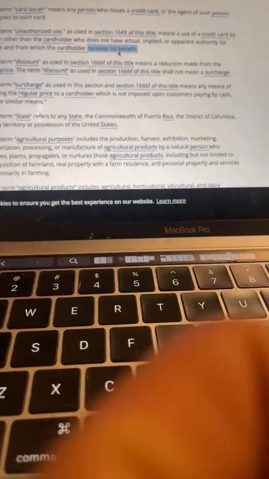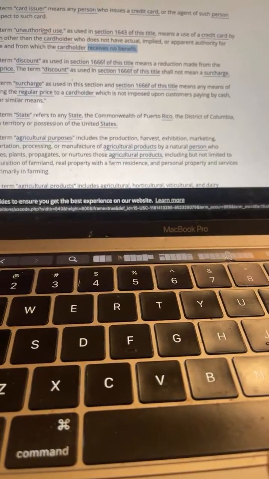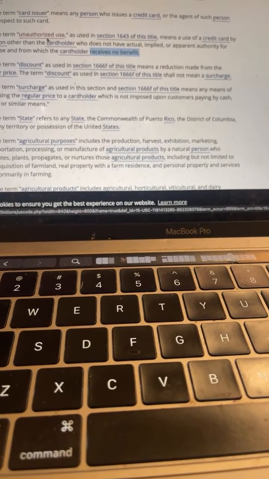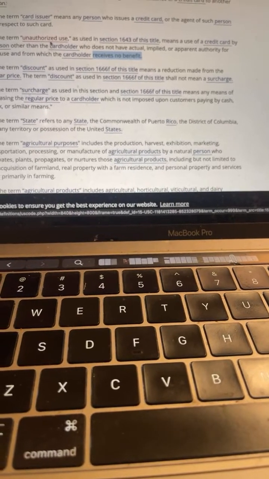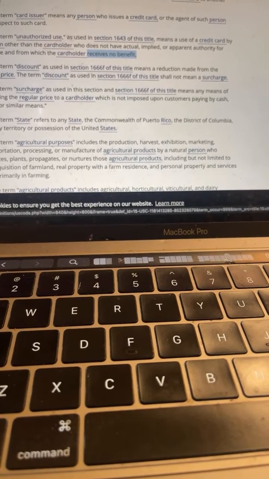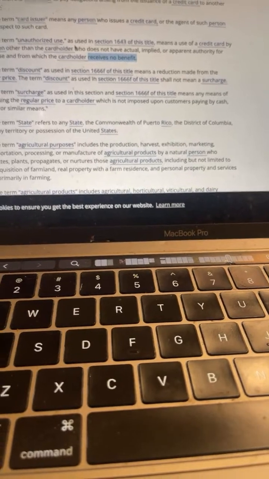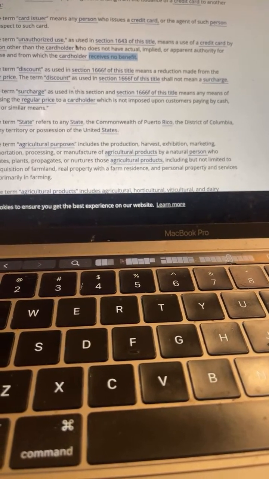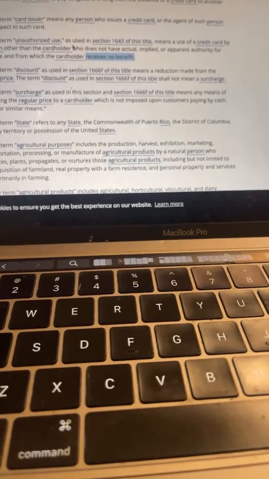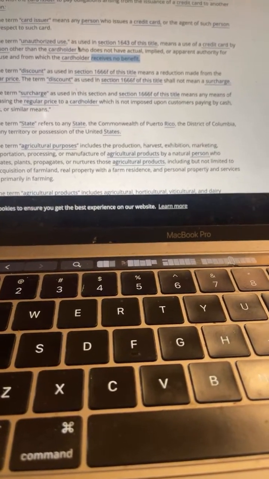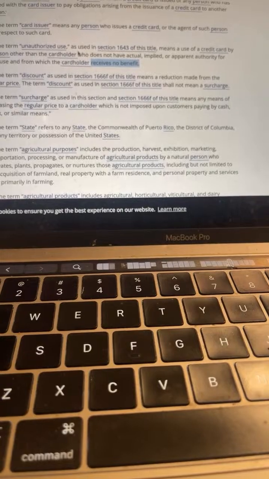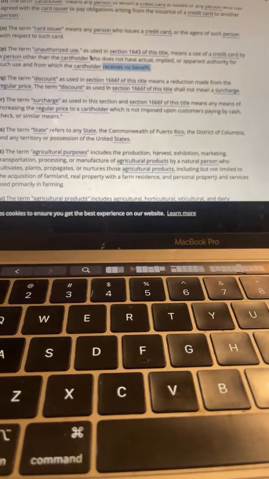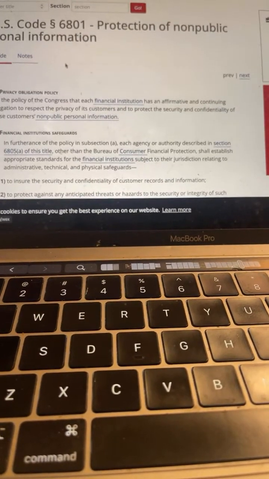The term unauthorized use, which is in 15 USC 1602, is used for you to be able to go out and exercise this, because anytime our credit is being ran, we're crediting them always. So we should always receive some type of benefit. And if there's no benefit that we're receiving, then this is unauthorized use of our consumer reports and our credit card. So that's typically for a denial of credit. If you've been denied credit, what benefit are you receiving from being denied credit?